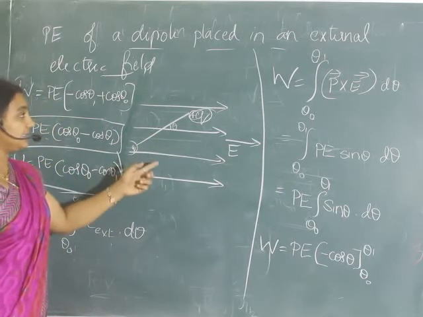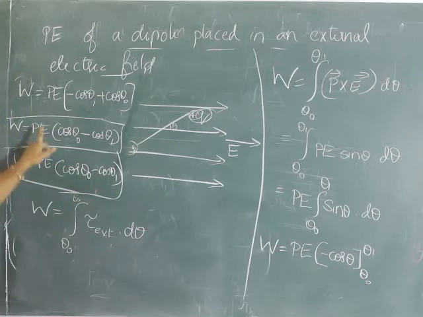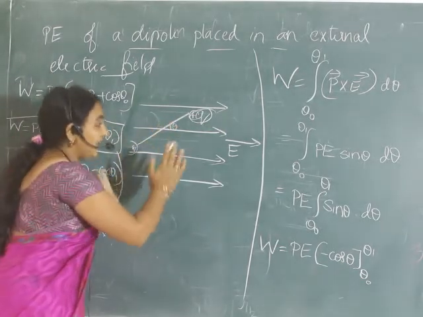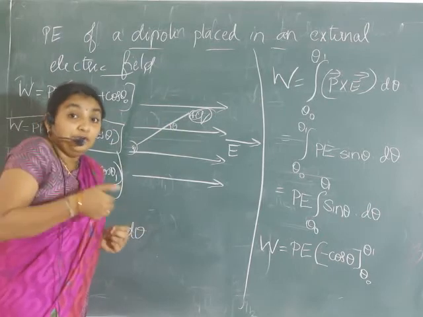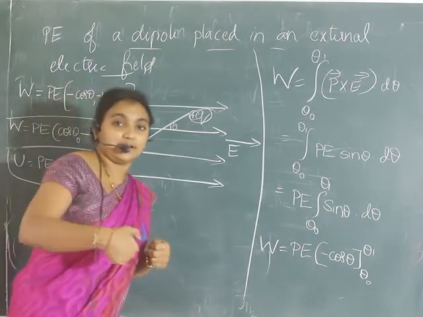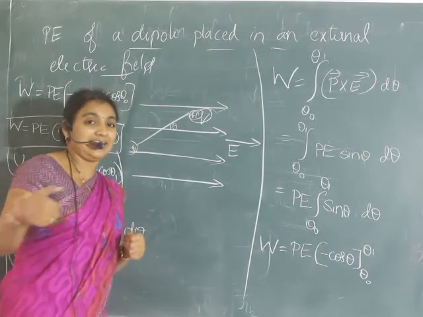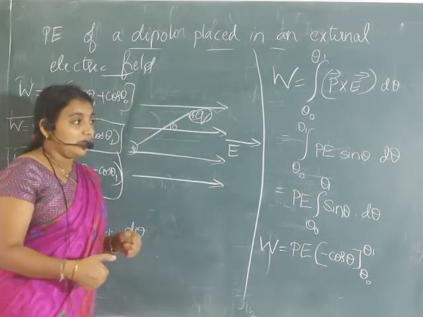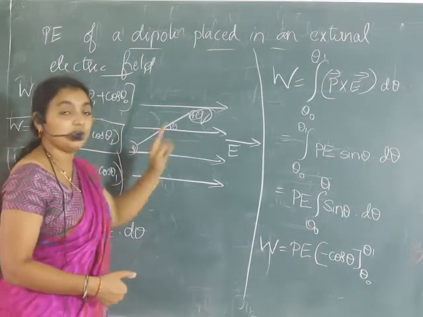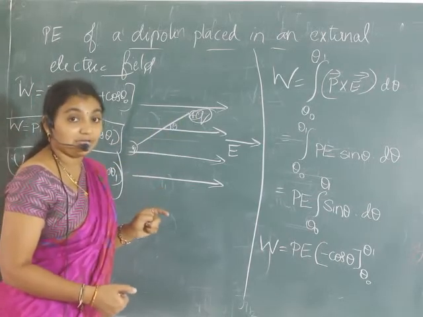Then I can say it aligns itself at an angle. I have to neutralize this torque. So what I have to give? I have to give an external torque. By applying the external torque, I can neutralize this existing torque. How can I neutralize?